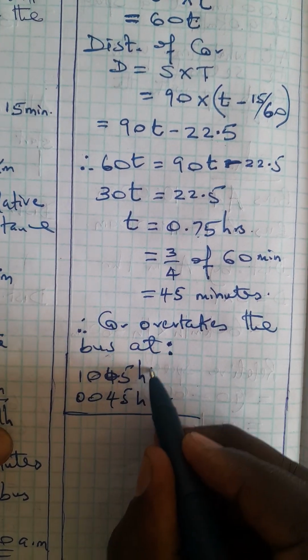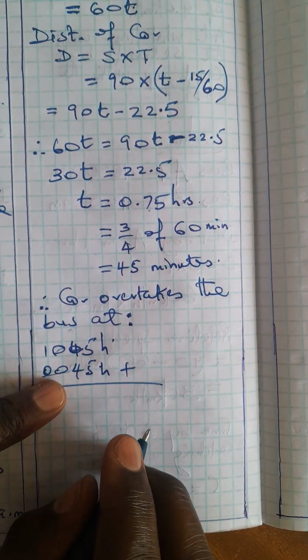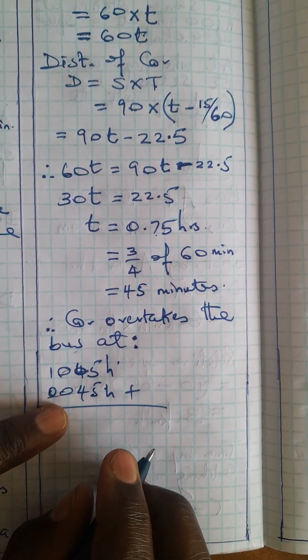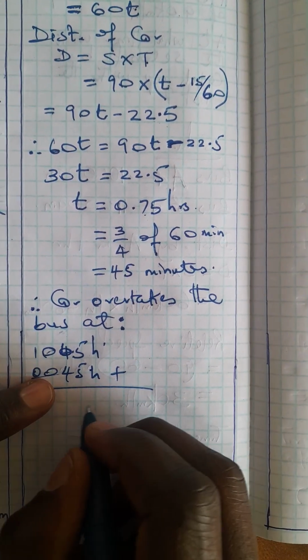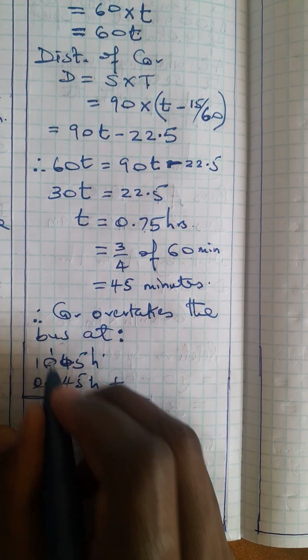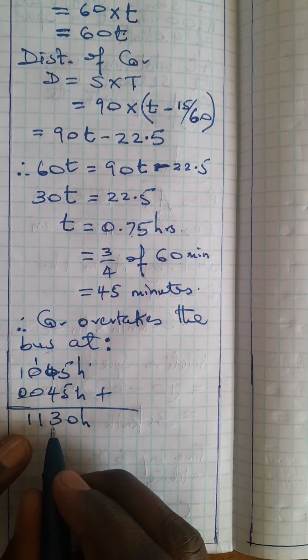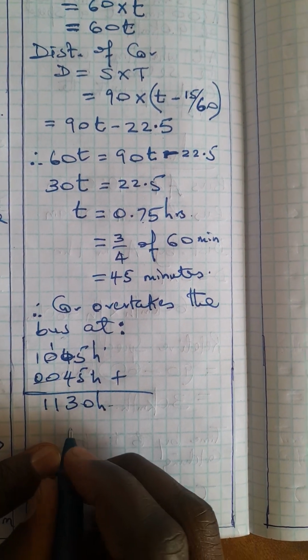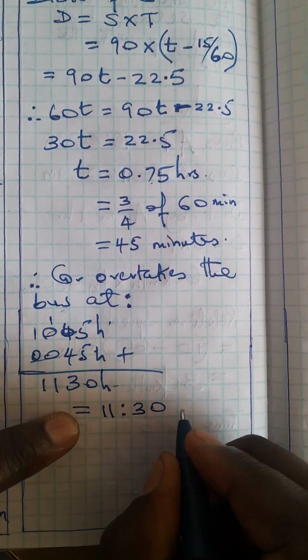This is the departure time, this is the time taken. So 45 plus 45 is 90. That's greater than an hour, so minus 60. 90 minus 60 is 30. Add 1 hour here because 1 hour is 60 minutes, you get 11. Convert this into the 12-hour clock system, it will be 11:30 a.m.